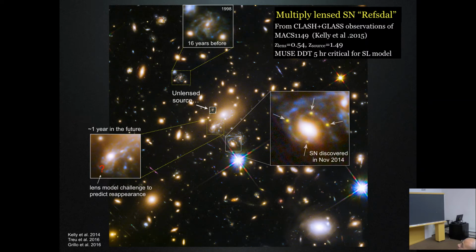One was offered by this observation of this quite famous strong lens event in the cluster MACS 1149, and I suppose that everyone heard about this lensed supernova that was observed in this set of 4 multiple images around this cluster galaxy.